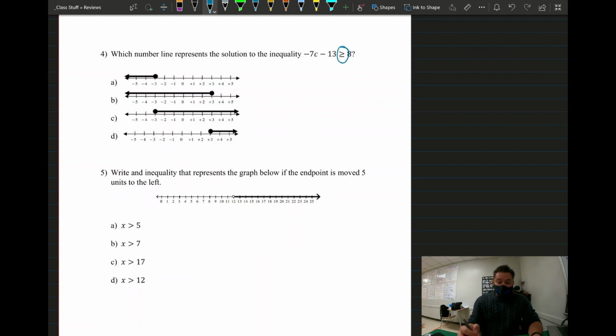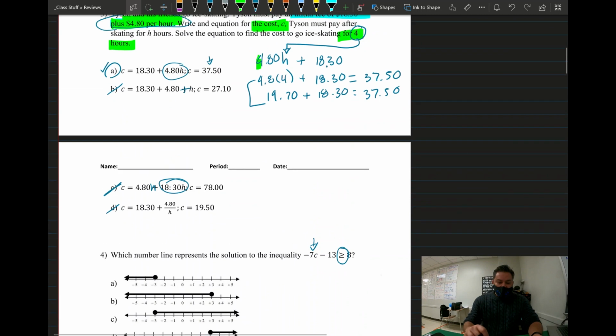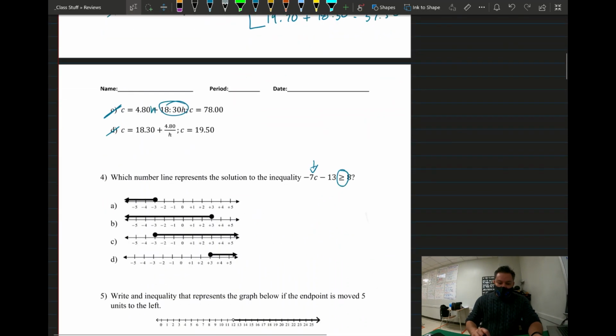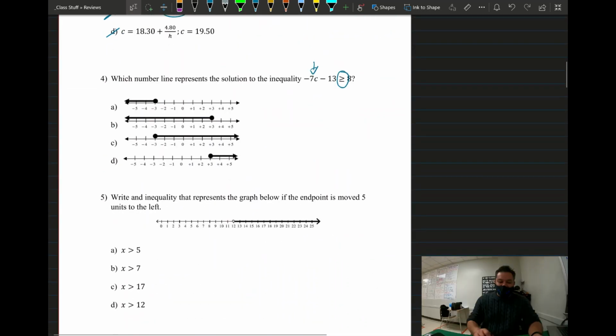If you notice, on the last step I'm multiplying by a negative, and the opposite step will be to divide by a negative number. And just like we talked about before, when you multiply or divide by a negative number on an inequality, you have to flip the sign. So this sign is actually going to go like that. So the answer is actually going to go to the left, with an arrow pointing to the left.